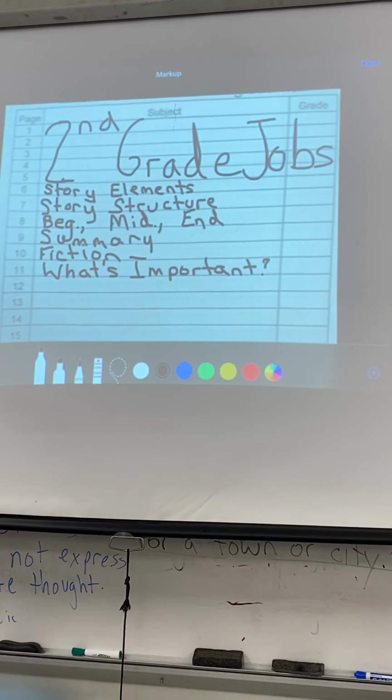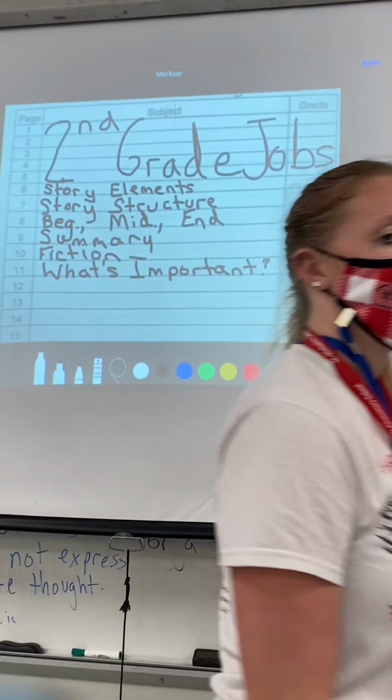Is what's important on here? Did you write that? You wrote fiction summary. You should write story elements, story structure, beginning, middle, and end, and then what's important, not summary. Yours is a little mixed up.